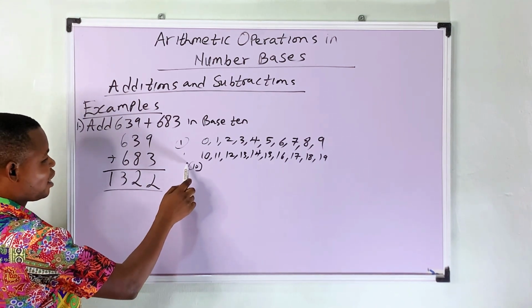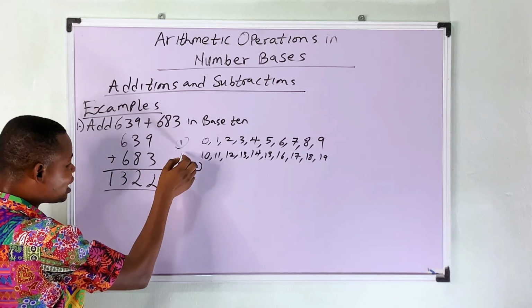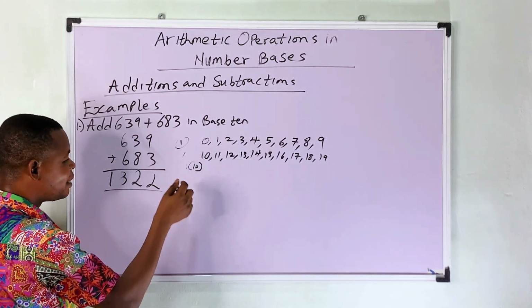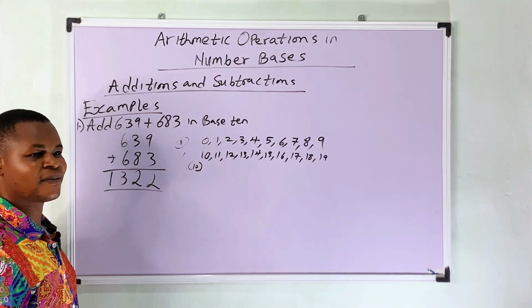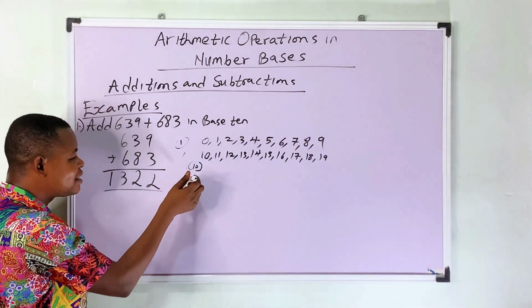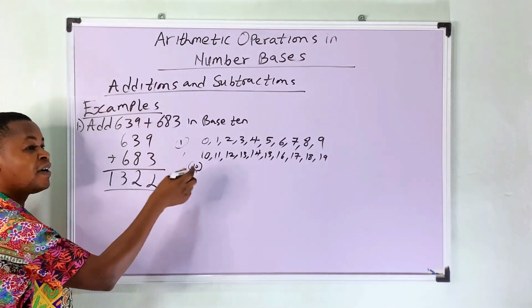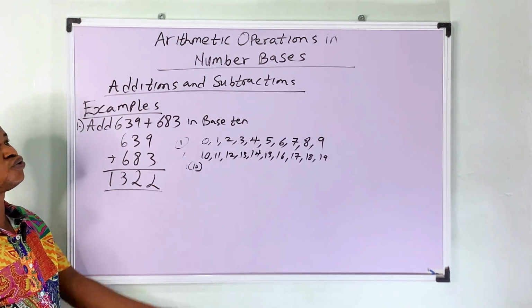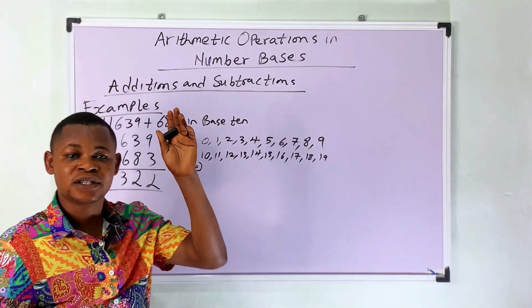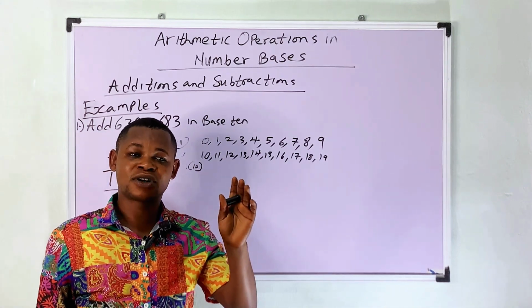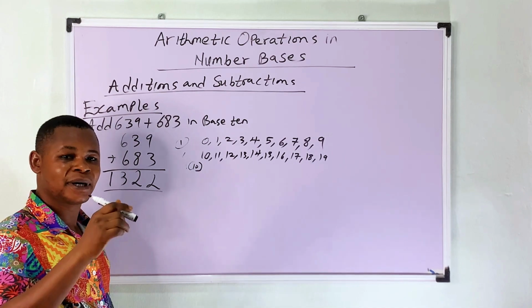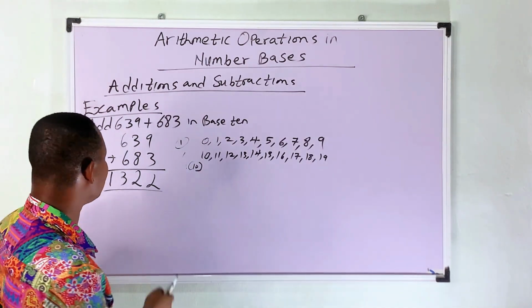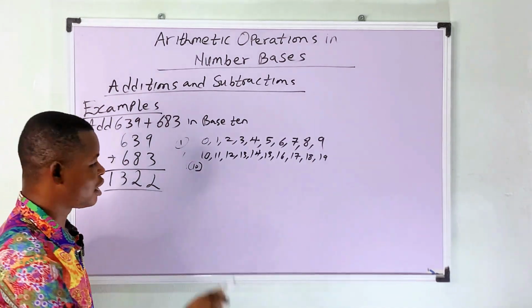And we have one set of 10. This one that we write means one set of 10. This explanation is very crucial for us to understand how to solve basic arithmetic operations in other bases. You will get it right when we get to solving arithmetic operations in other bases.